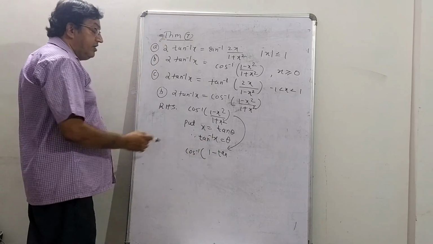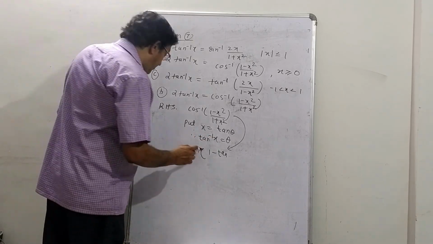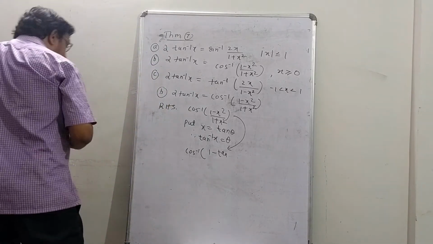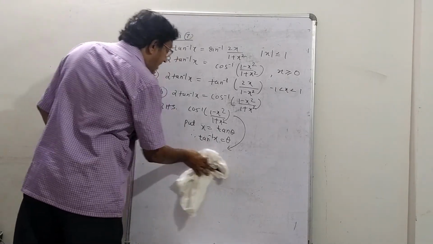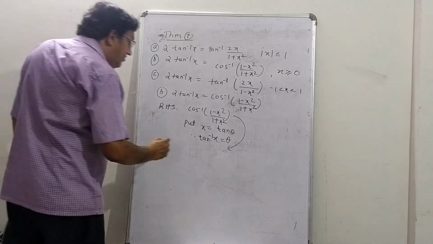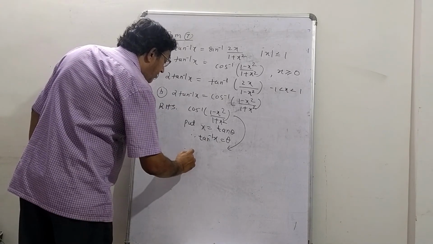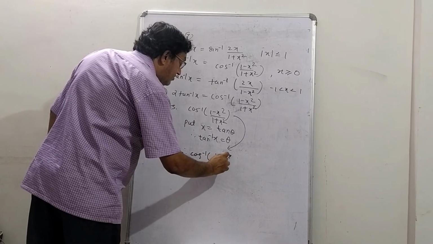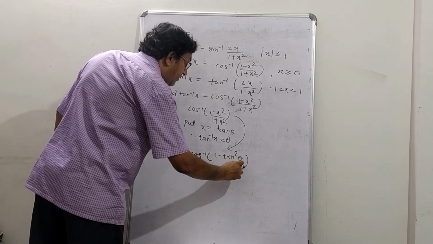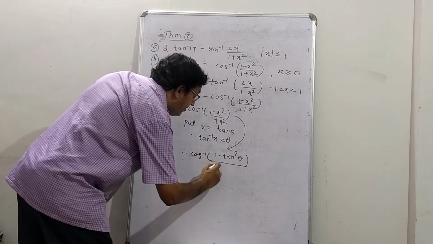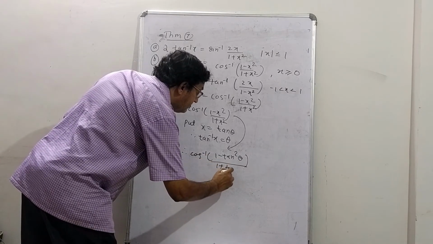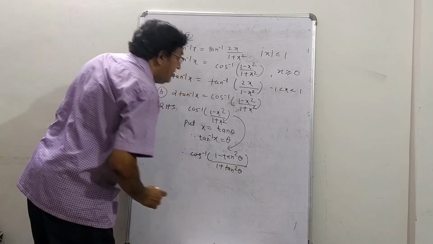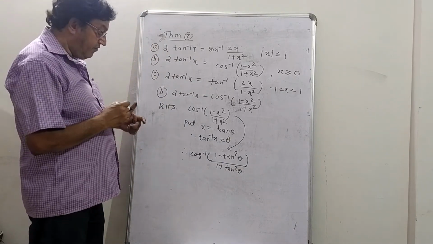So what happens to this? It becomes cos inverse of 1 minus tan square theta divided by 1 plus tan square theta. Now again, cos 2 theta, there are 4 values.